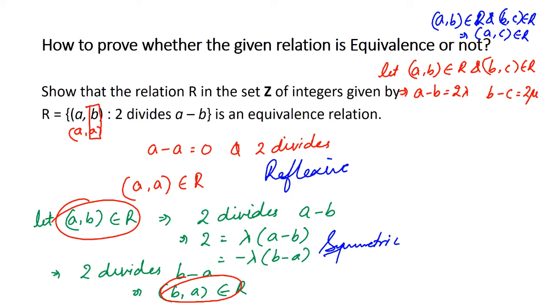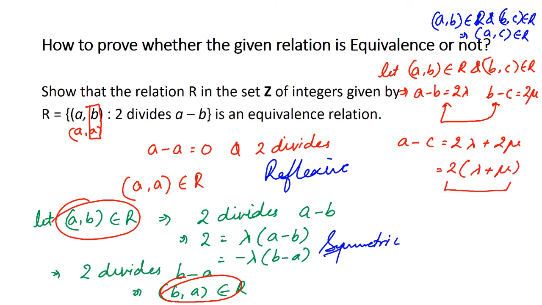Now if I add these two, what will I get? I will get a minus c equals 2 lambda plus 2 mu, which can be written as 2 times (lambda plus mu), means it is divisible by 2. Hence (a, c) belongs to R. So we have proved that this relation is transitive also.